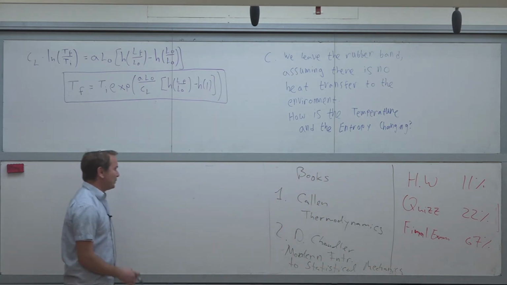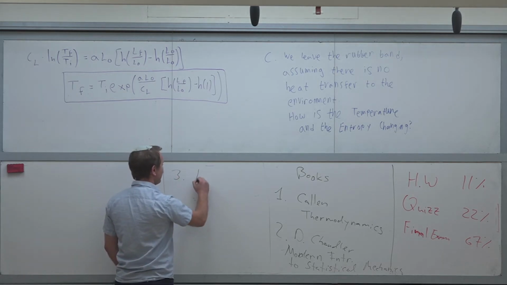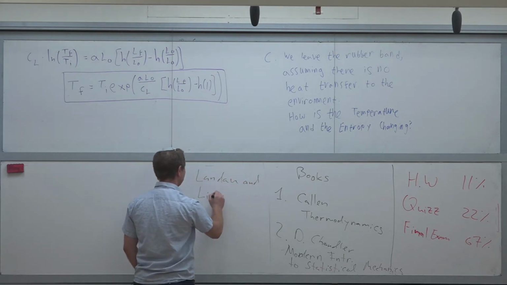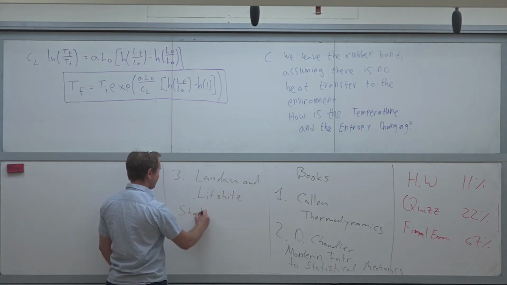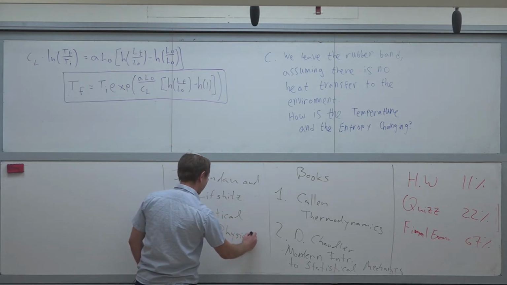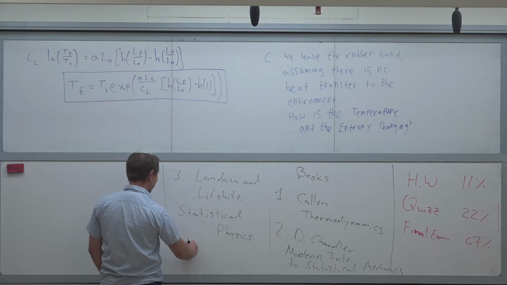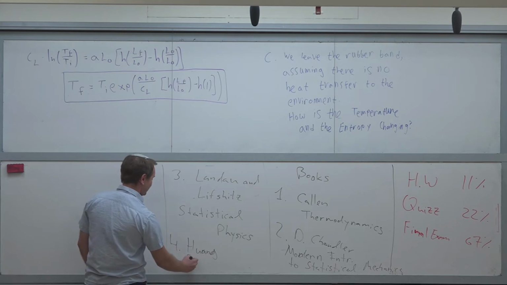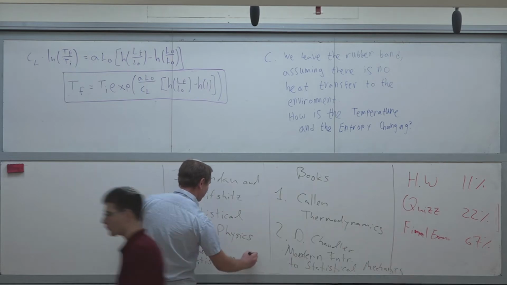So those are the 2 main books. Additional books are a book by Landau and Lifshitz, called Statistical Physics, and also a book by Huang with the same name, Statistical Physics.